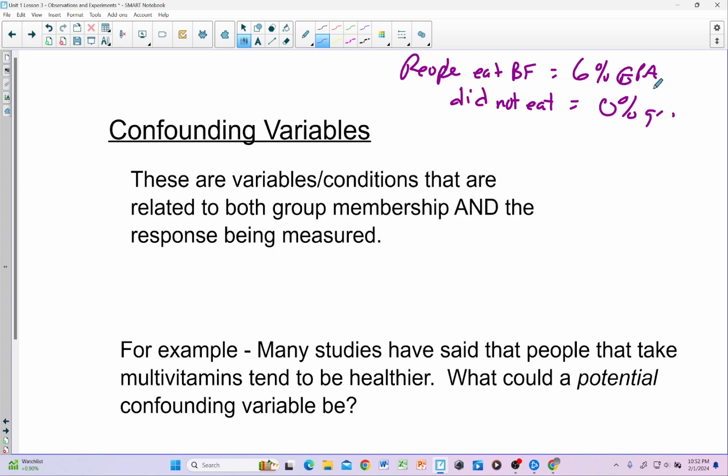And it's those other things that are confounding variables. So in this particular case, we could say just any other healthy habit: exercise or what have you, sleeping well.